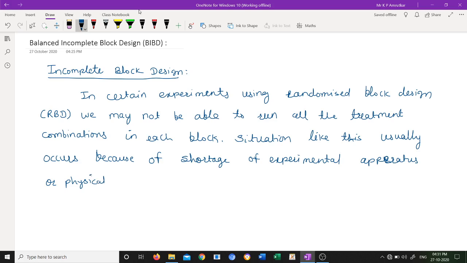Suppose the experimental material is in shortage or the physical size of the block is small, then we cannot run all the treatment combinations in each block. In that case, we have to use the incomplete block design.